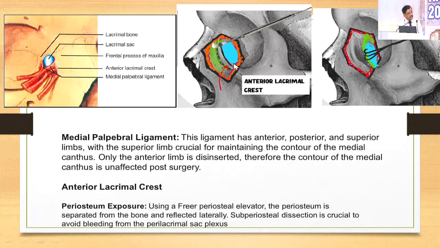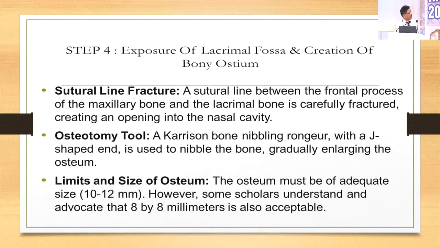This is important, otherwise if you go in between the periosteum and sac, there will be excessive bleeding. And then after you find the sutural line between the frontal process of maxillary bone and lacrimal bone, it is carefully fractured, creating an opening into the nasal cavity.